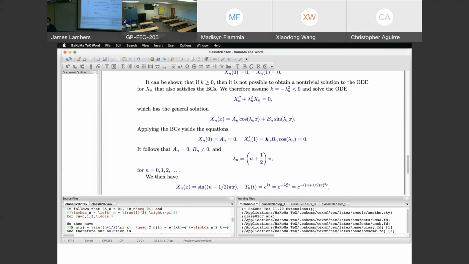Well, okay. We took the derivative first to apply the boundary condition to this. That gave us this, and that's how we found out that lambda n must be a root of cosine. So then that gives us this. Then we go back up to here and put this value of lambda in here, and that's where we get this.